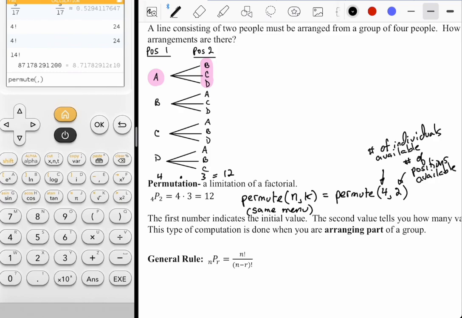Another example, let's say it's a race and there's 10 people, and the first 3 people get a prize. All right, but for first place, you get a valuable prize. Let's say you get a check for $10,000. The second person gets a brand new flat screen TV.